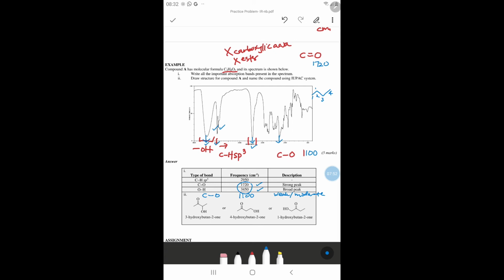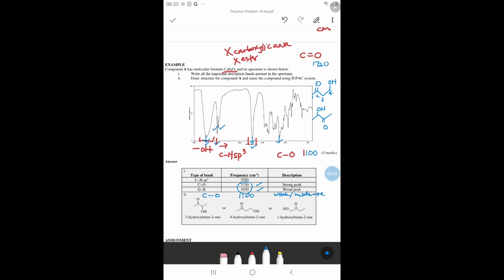You can put your double bond here, or here, it doesn't matter. And you can put your OH here as well, as long as the number of carbons is 4 and hydrogens 8, 1, 2, 3, 4, 5, 6, 7, 8.